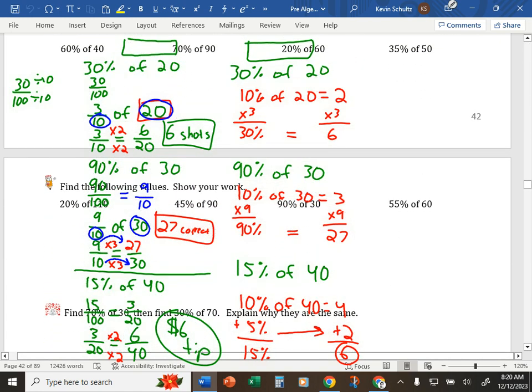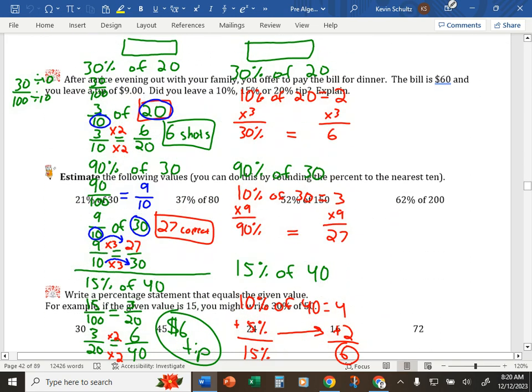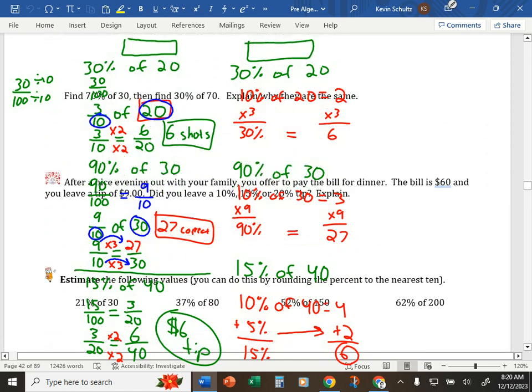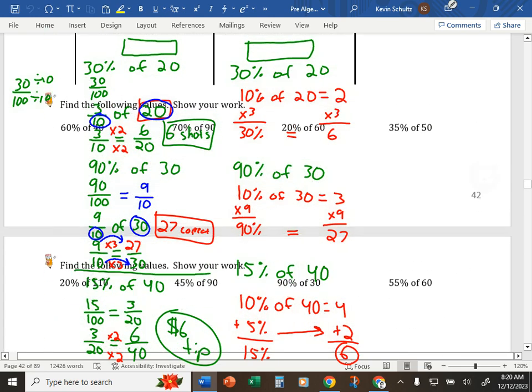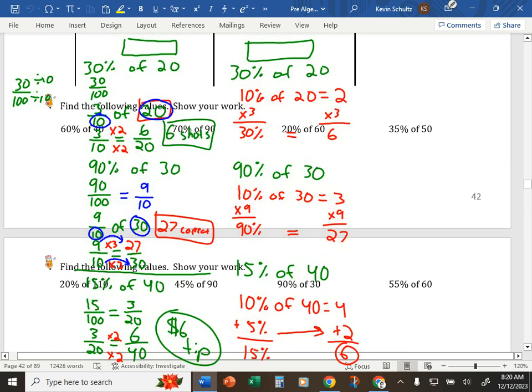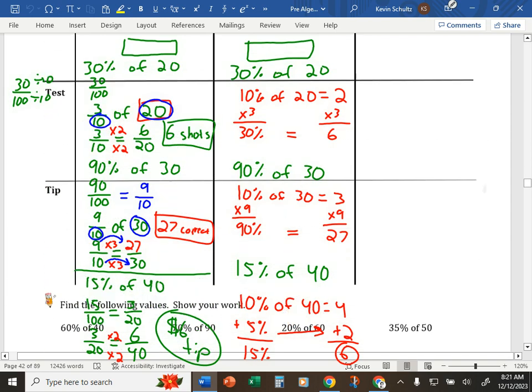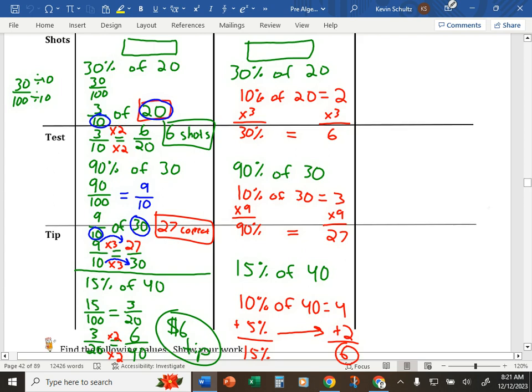I want you to do just the 4 of them. Pick one of these methods, show your work, and do the 4 on this page only.